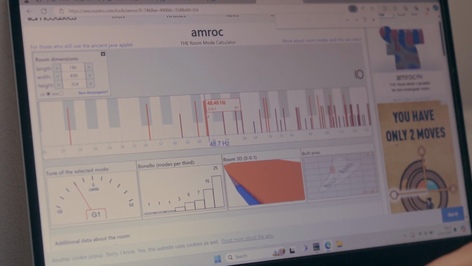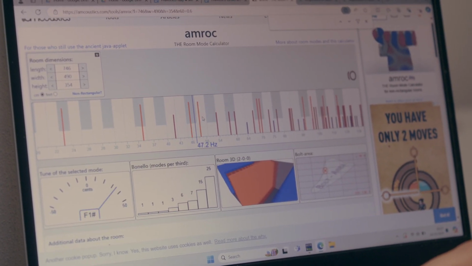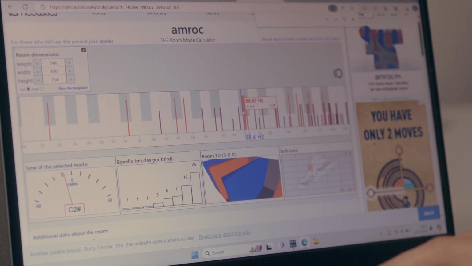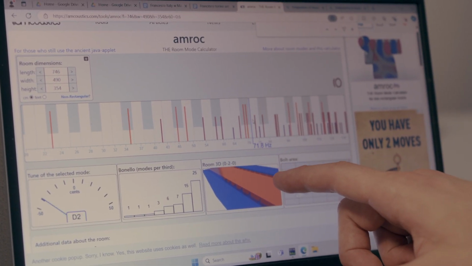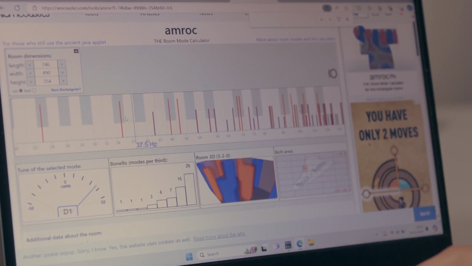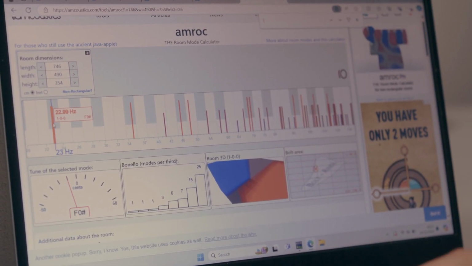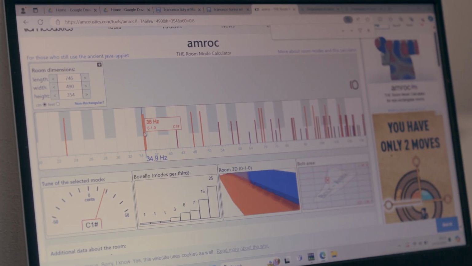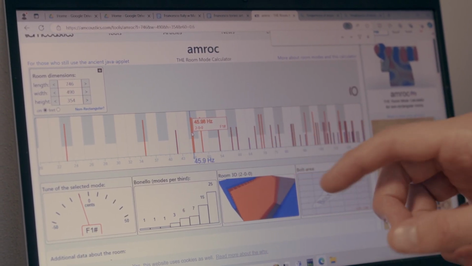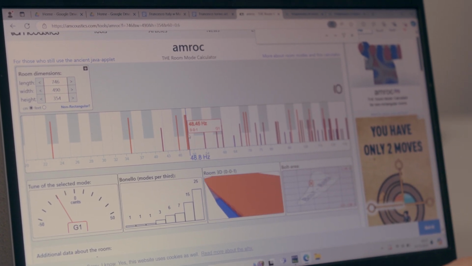When we go over one of the modes, it will show us a graph of which dimension in the room it's affecting. For example, this one here is length. This is width. This one is again length, a multiple of the first one. Height.